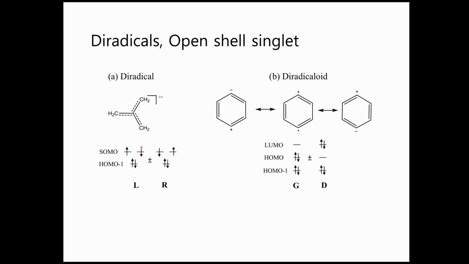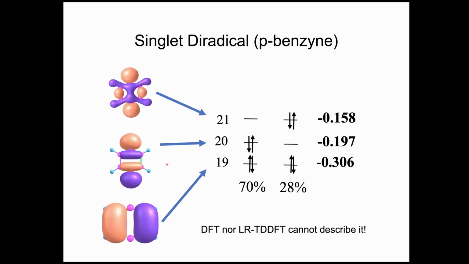You know that DFT simply cannot handle open shell cases, but our theory can, because we start with the triplet and we generate the ground singlet, but the ground singlet is a combination of multiple configurations like this. It contains all of these configurations, so we could do it. But linear response TDDFT is not possible.